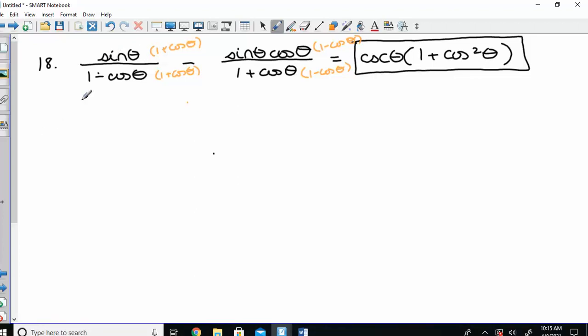So if we distribute, we get sine theta plus sine theta cosine theta over, if you FOIL on the bottom, 1 minus cosine squared theta.